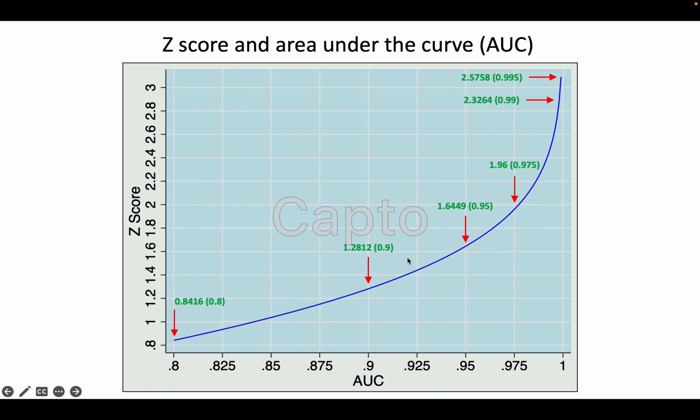And then the same happens with the alpha value, because we already said that 1 minus alpha over 2 is 0.9075, and in that case the z-score is going to be 1.96.